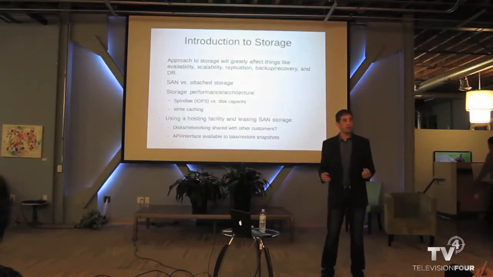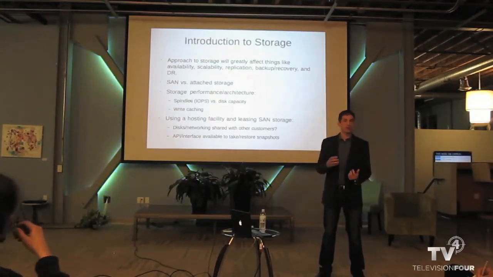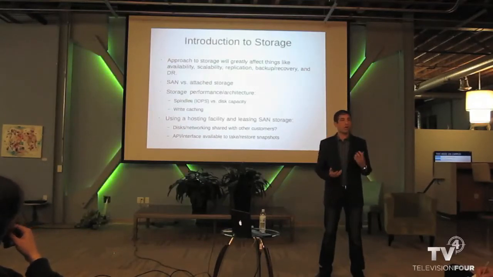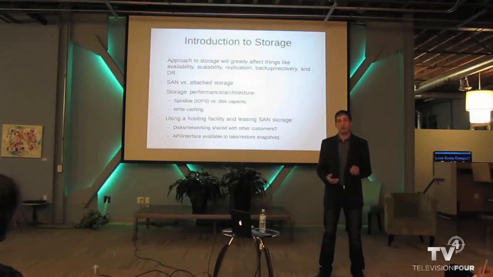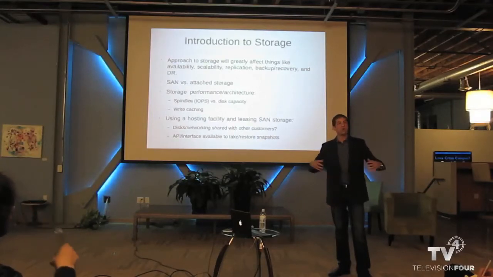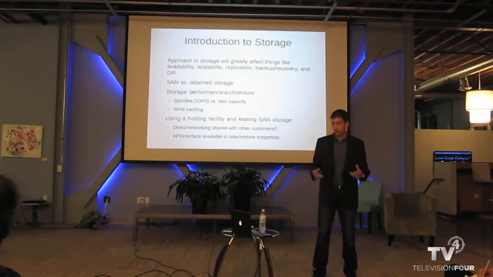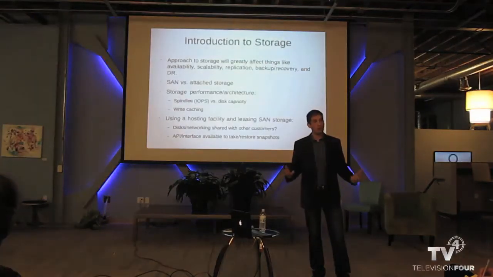If you have a single disk, you're limited to the performance of that single disk. There's only so many IOPS you can put out, regardless of whether it's SSD or however many RPMs it spins at. When you use many disks and stripe across many different spindles, you get a significant performance benefit.